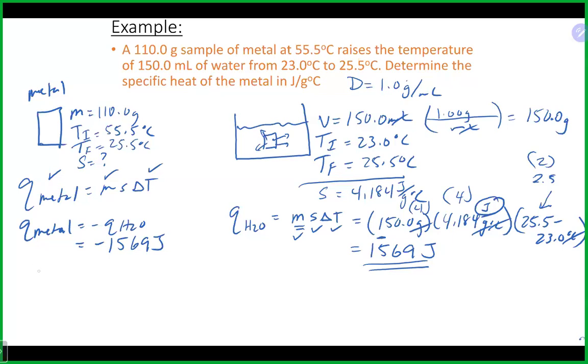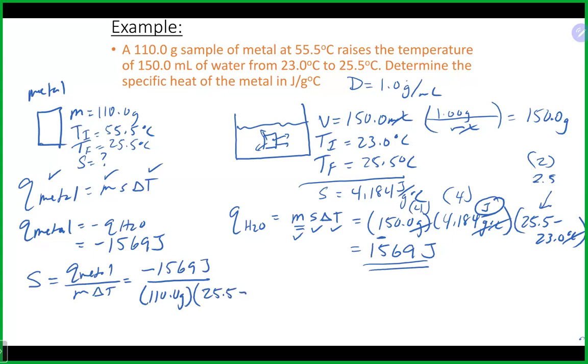We can now solve for S, and S would equal Q of the metal divided by M delta T, taking our negative 1569 divided by our 110 grams. Once again, here we do want to go final minus initial for the metal. So that's going to be 25.5 minus 55.5 degrees Celsius.